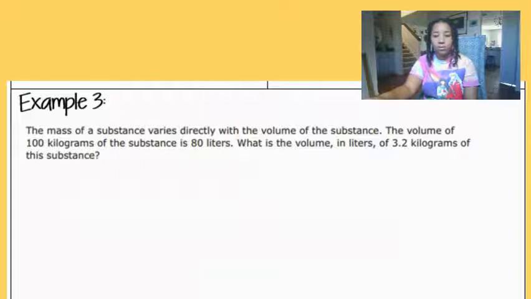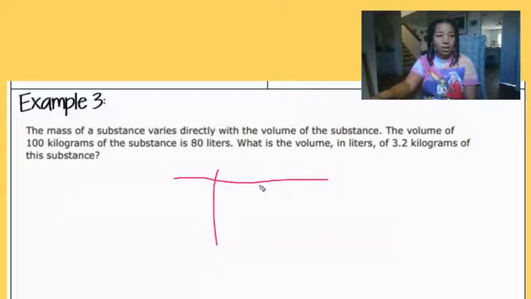Okay. So what I like to do is I like to call this a ratio box. Some people call it different types of boxes. I call it a ratio box because that's what my math teacher told me it was called in the 6th grade. So that kind of stuck.